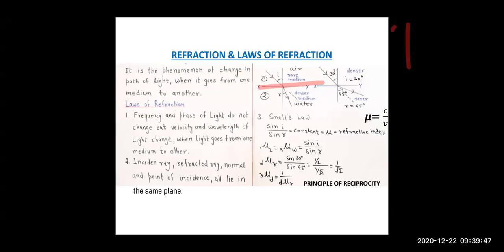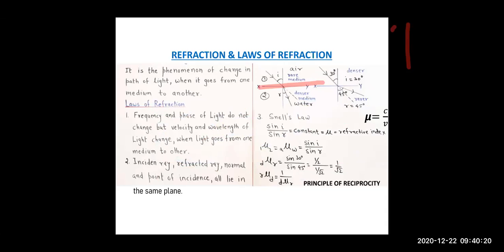For air and water, this ratio will remain the same everywhere. It does not matter if you change your i from 30 to 50 to 60 to 70. Your r, the refraction angle, will change accordingly, and the ratio, that is sin i by sin r, will always be constant. And that constant is named the refractive index.